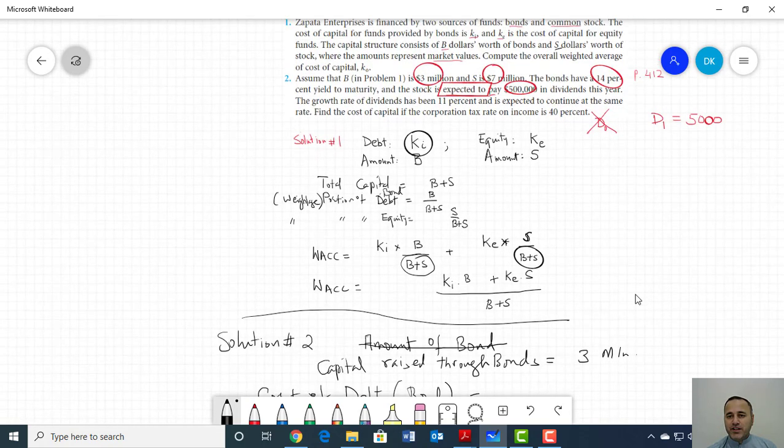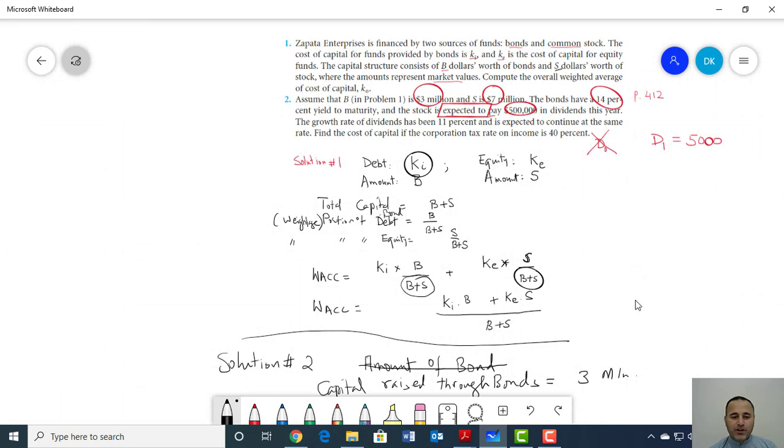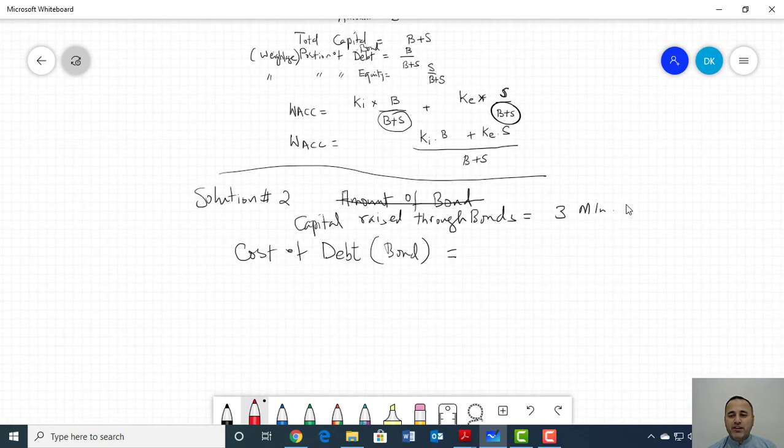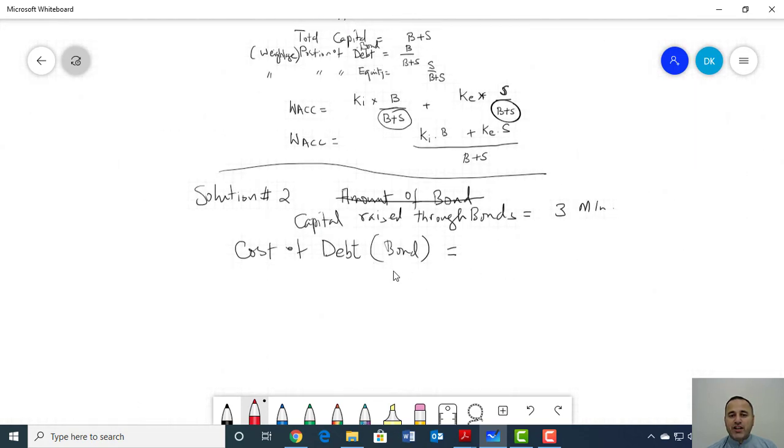As you can see here, the tax rate is 40%. So the company will get a benefit of taxation because, as I said, debt is like a tax shield.